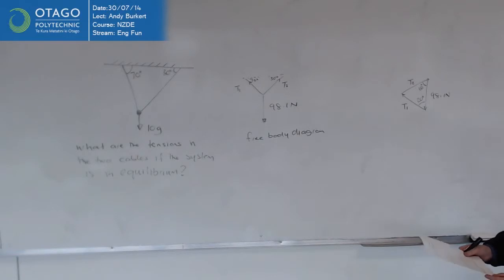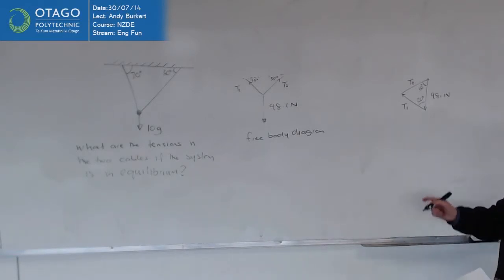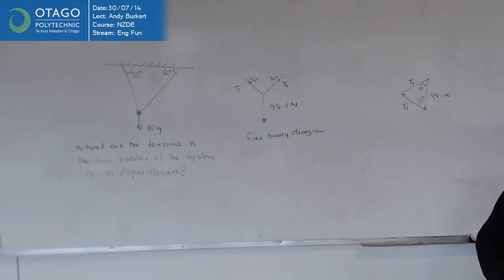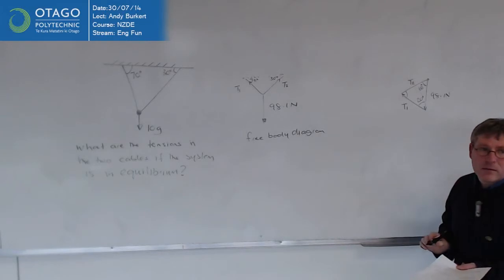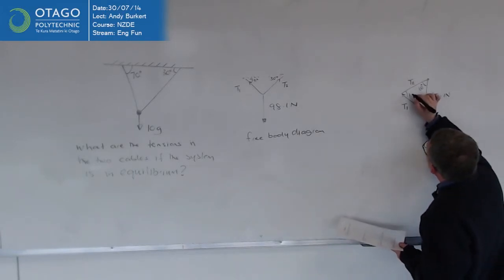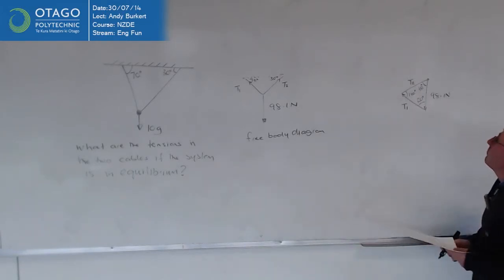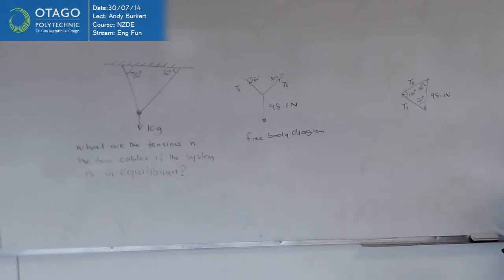So let's have a look here. We can actually work out the third angle. If one's 20 and one's 60, what's the other one got to be? 100, yep, so that has to be 100 degrees. Now we've got a choice of using sine rule or cosine rule to work out the different ones.